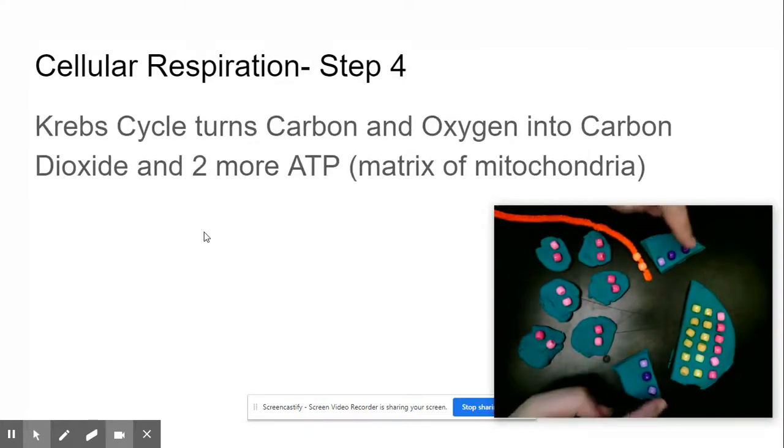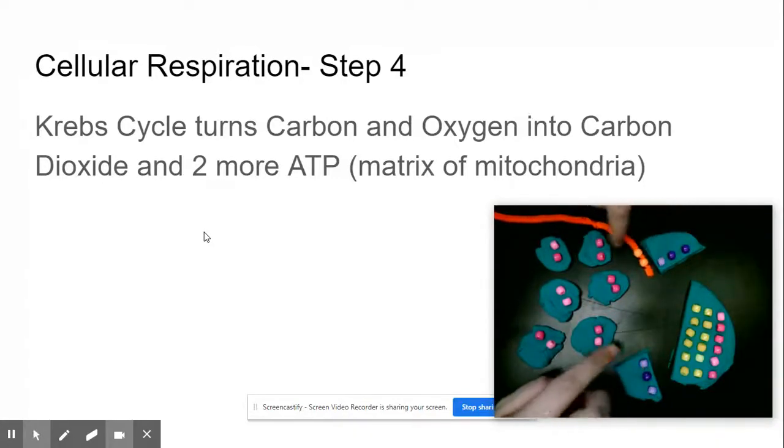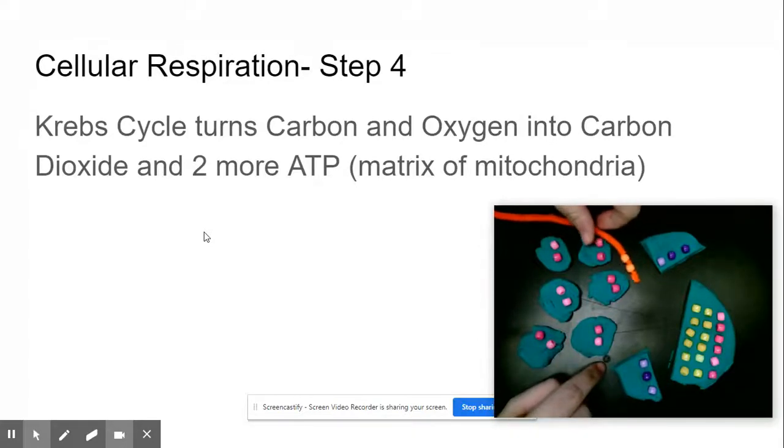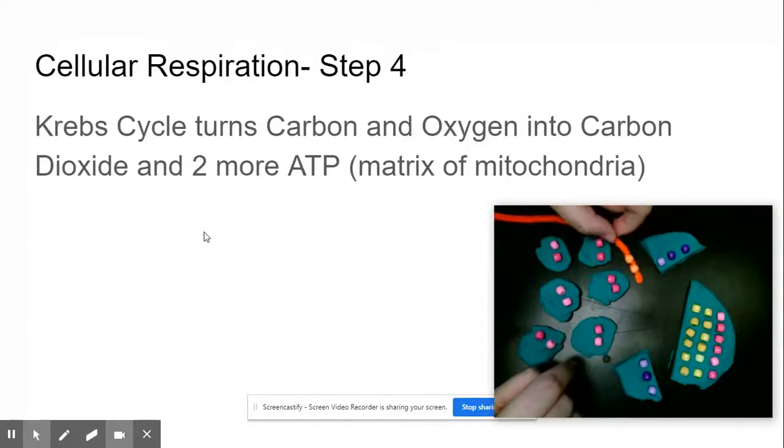So now we move from the cytoplasm of the cell into the matrix or the fluid part of the mitochondria. And we're going to go through what's known as the Krebs cycle, where we take the carbon and oxygen, so our carbons, and then these oxygens, and create carbon dioxide. And in doing that, splitting up more of the bonds and then creating our CO2 molecules, we actually are going to get 2 more ATP of energy.